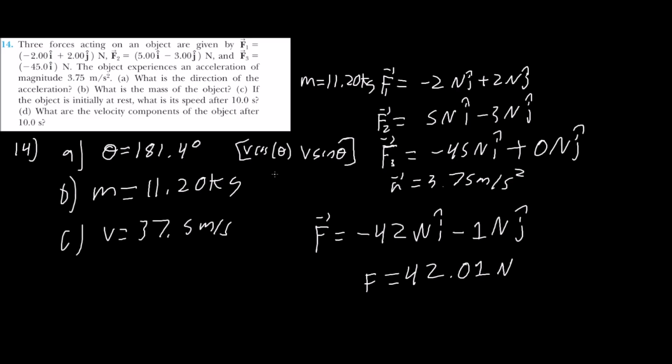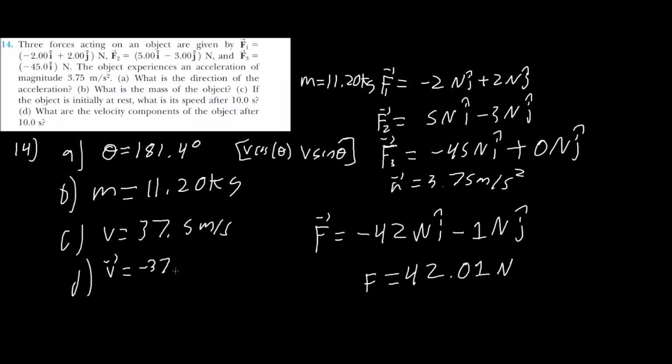So all you have to do is take that v cosine of theta, however you want to solve it. The velocity components, I'm going to put them in the i hat and j hat notation.